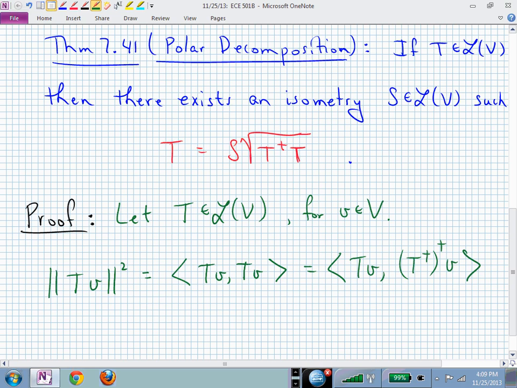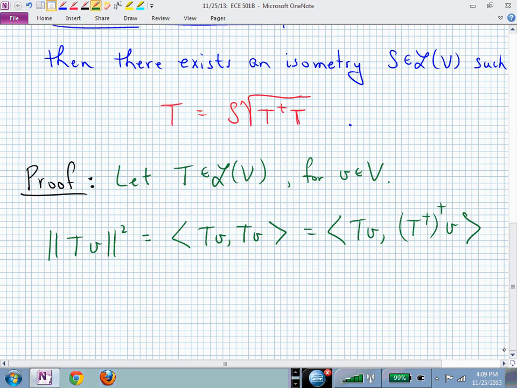Meaning, what I really wanted to say was that the inner product of TV with TV is now the inner product of T adjoint T V with V. Is that okay? So that's really just using the definition of the adjoint, that step.